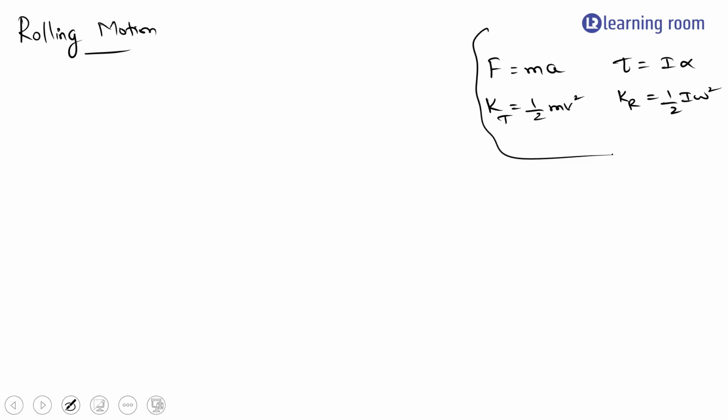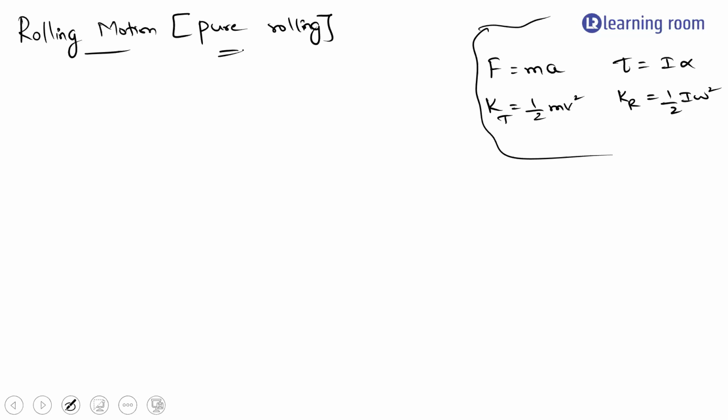So now we need to discuss what is this rolling motion. And when I talk about rolling motion, here we are going to discuss the concept of pure rolling. I'll tell you what it means. See, suppose there is a wheel, okay, which is moving like this. If suppose this object is like a disc, ignore the shape and thickness.